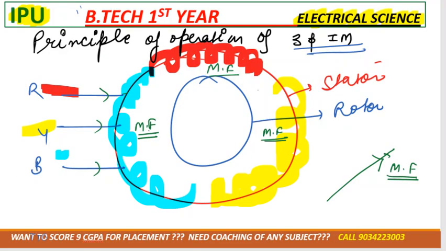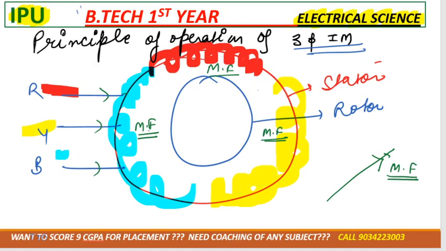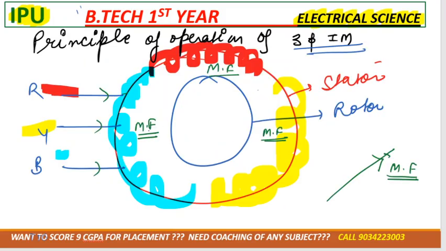So every time current is changing, and if current is changing, the magnetic field also keeps changing, yes or no? As you can see, current keeps on changing at every instant of time. Similarly, the magnetic field produced from the current will also keep on changing, right? Tell me, any doubt up to here?